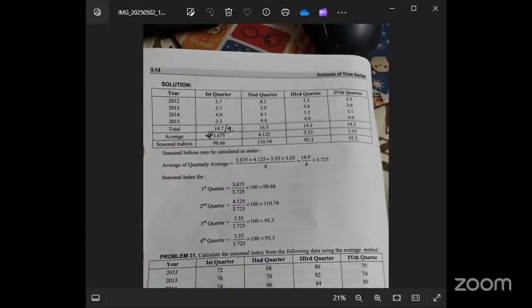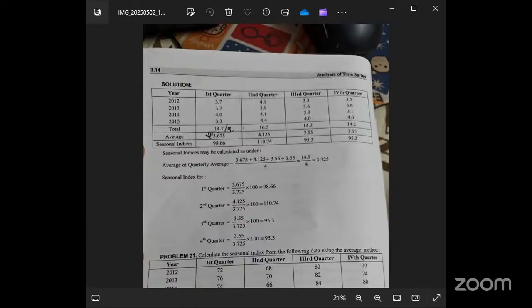So what we need to do, as in previous problems, is make the total of all the values. Total of first quarter, second quarter, third and fourth quarters. Then find out averages.